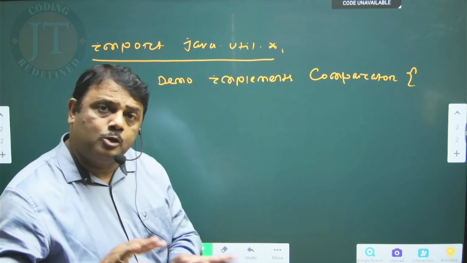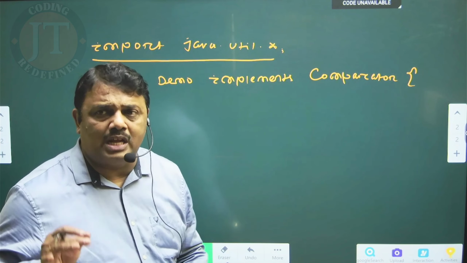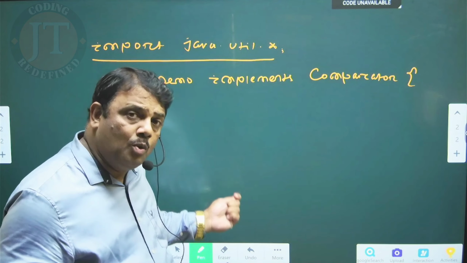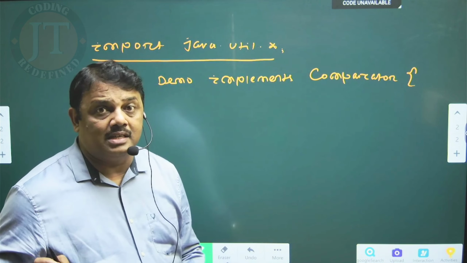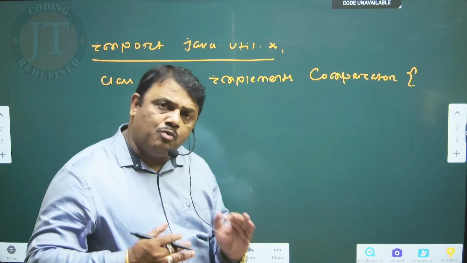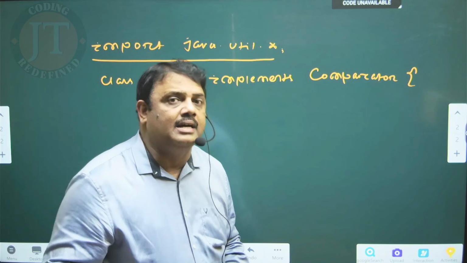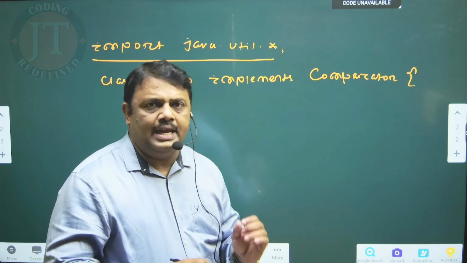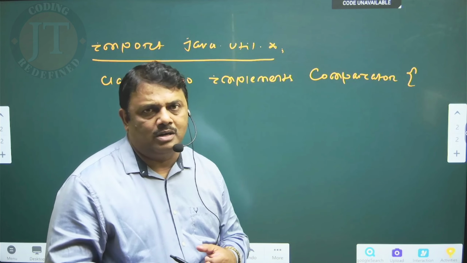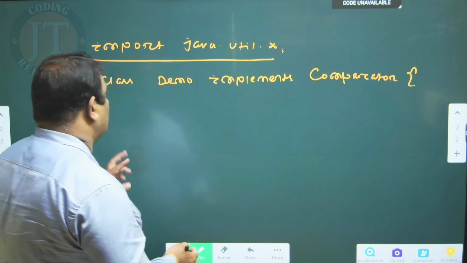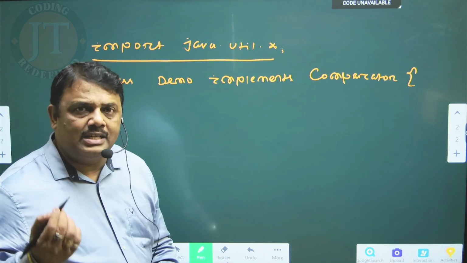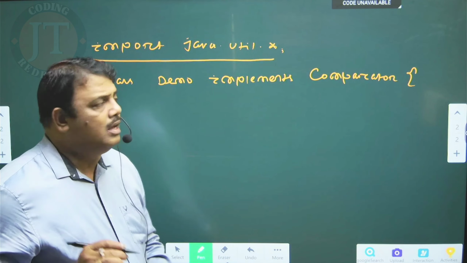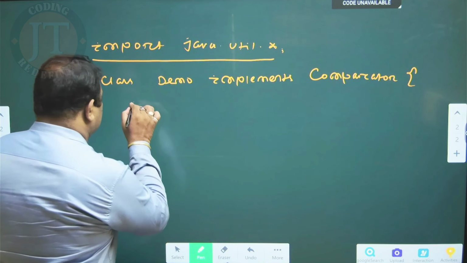Comparator already has two methods, and both methods are abstract, so they are bound to be overridden in the child class. But the equals method is already defined in the Object class. So you may override the equals method or may not. But you have to override the compare method. Now, I just show you a simple example.